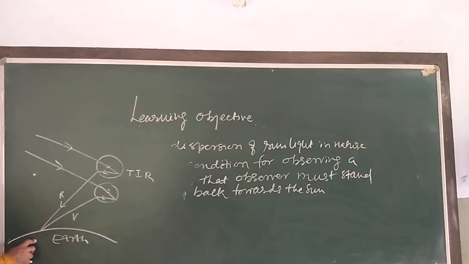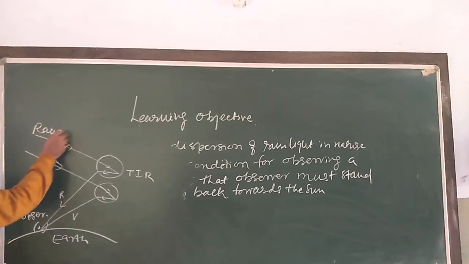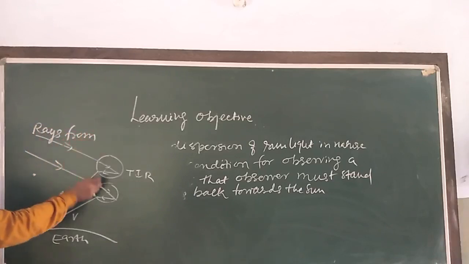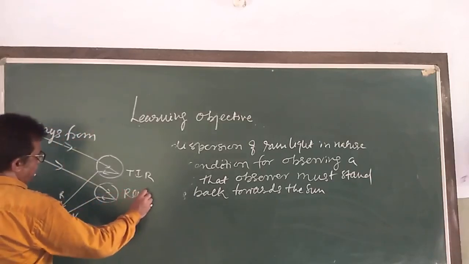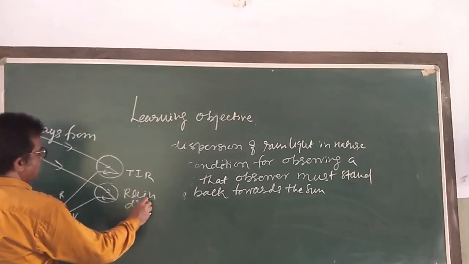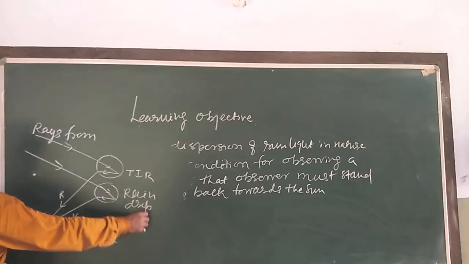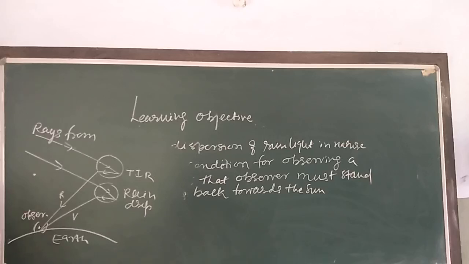An observer is here. This is the observer. Rays from the sun falling on the raindrops. These are the raindrops. Okay?